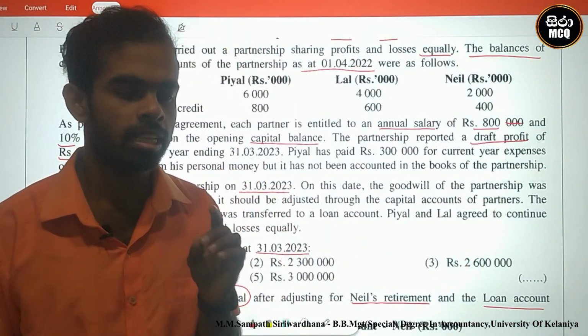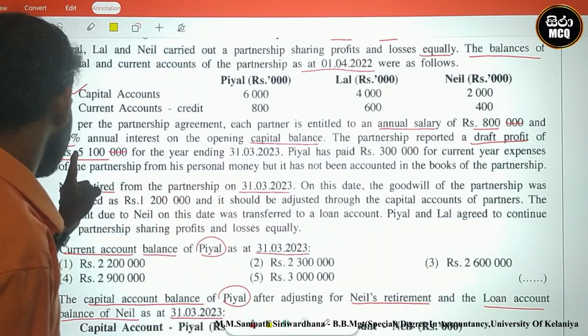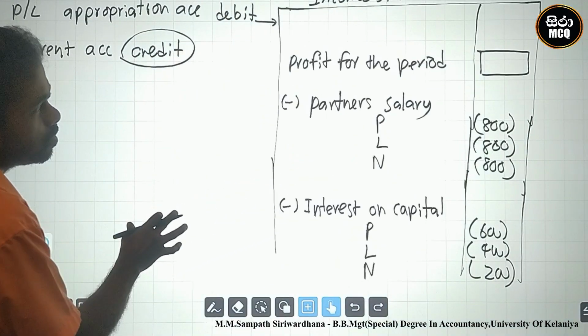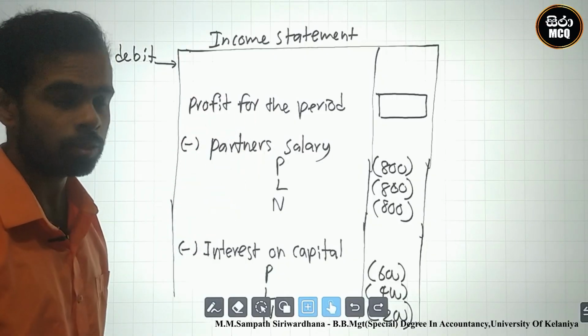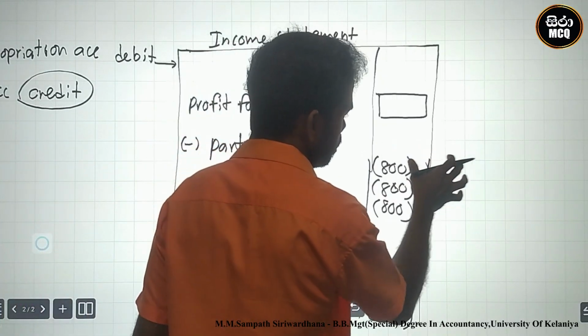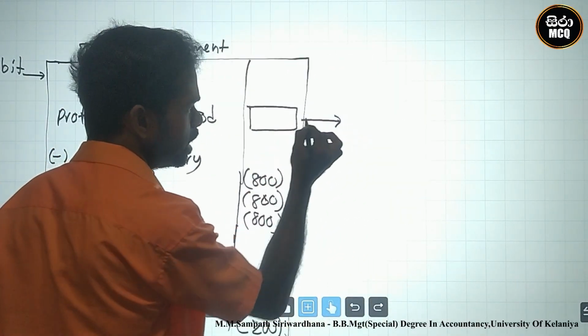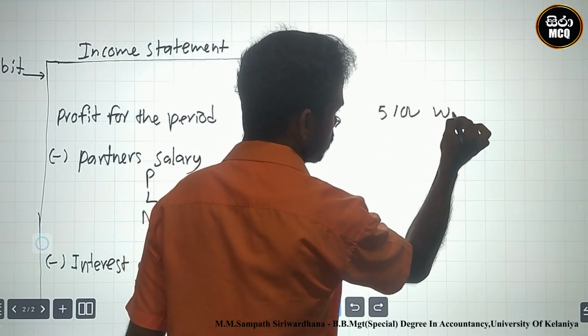Draft profit means a wrong profit was calculated. The draft profit was directly contributed to this one. We already calculated profit for the period, 5,100. This is wrong.